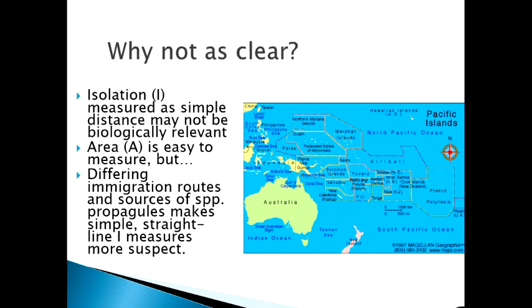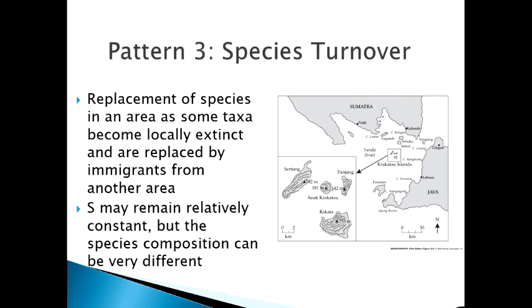Otherwise, it typically isn't. And then finally, the last pattern is the pattern of species turnover. And here it says that species are constantly going extinct locally. It's an extirpation on any island, and then they're replaced by immigrants. So remember that: extinction locally, replaced by immigrants.